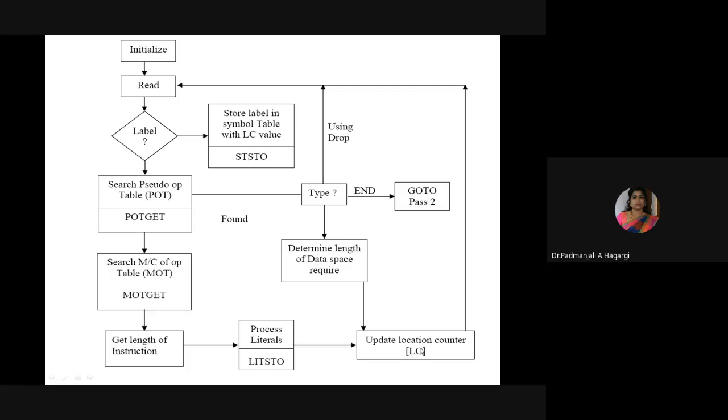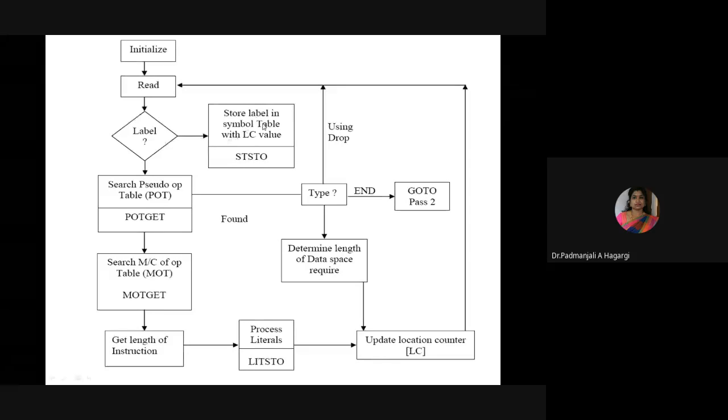Once the location counter is updated for a particular line, it is finished, and again the location counter goes back to read the next line of the program. Again the same process happens.